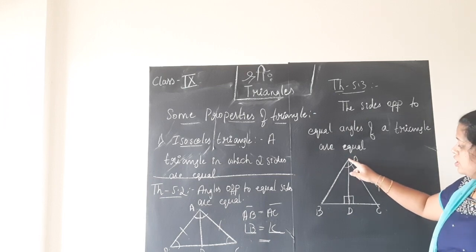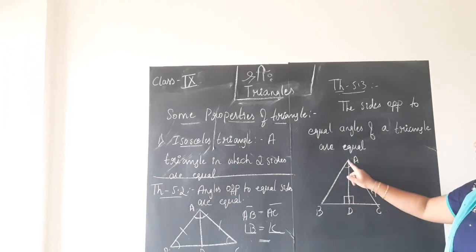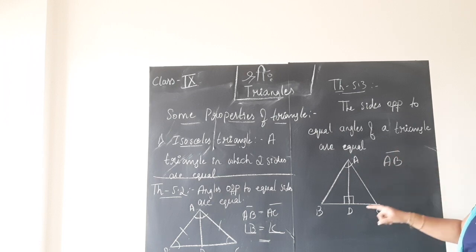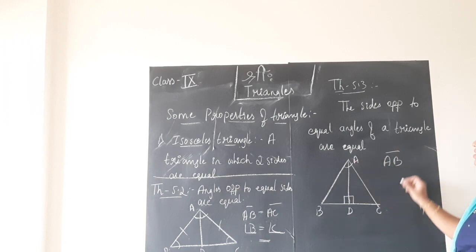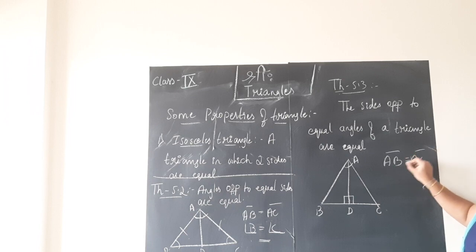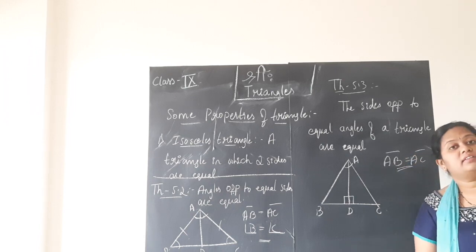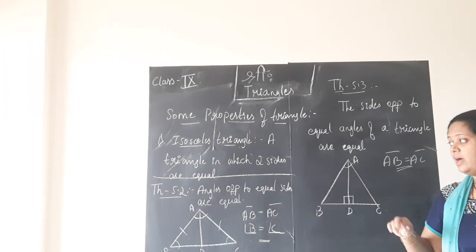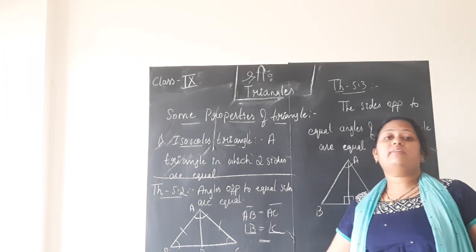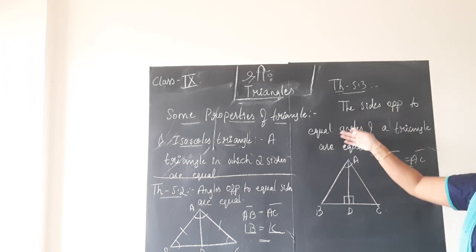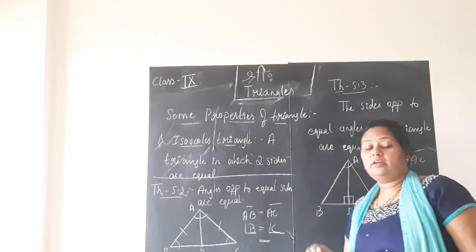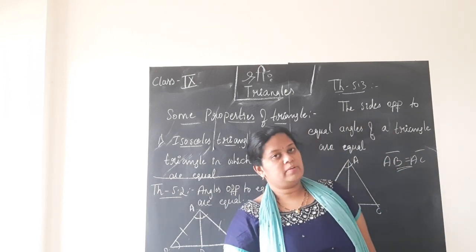Then, for the angle D, the opposite side is AB. Similarly, for this angle D, the opposite side is AC. So, AB is equal to AC. So, angles opposite to equal sides are equal, and sides opposite to equal angles of a triangle are equal. This is about the statements of theorem 5.2 and 5.3.